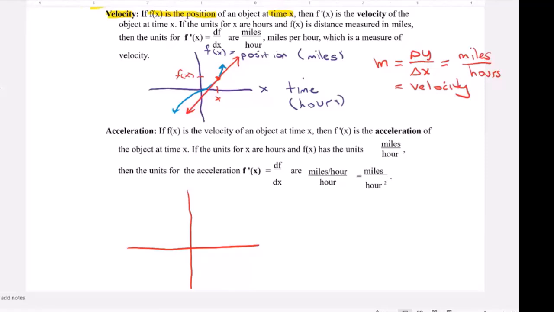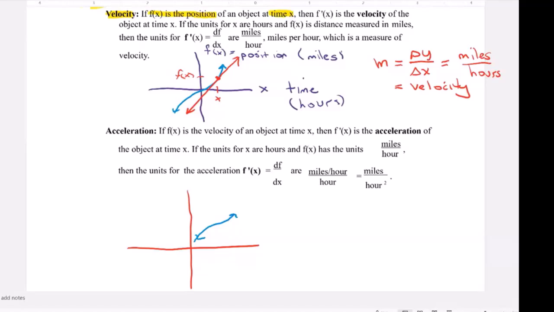I don't see any negative slopes there. So what I'm going to do, and this is not specific, this is just a general graph, okay? I can say that my acceleration, maybe it goes like this, because it's always increasing, because the graph before it is increasing.